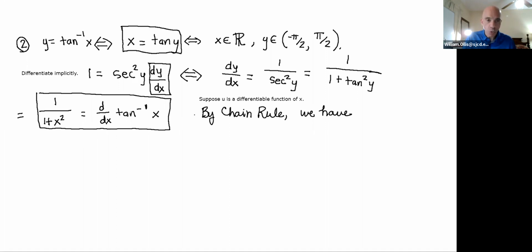Well, for instance, let's go ahead and replace x with u. So we have the derivative with respect to x of inverse tangent of u will now just be 1 over 1 plus u squared times du/dx.